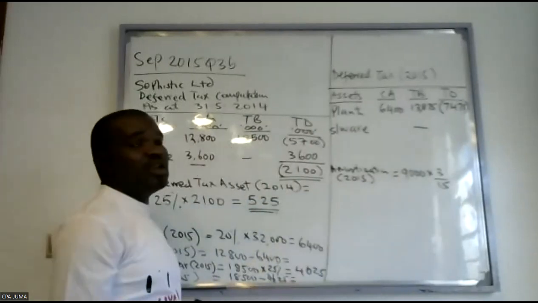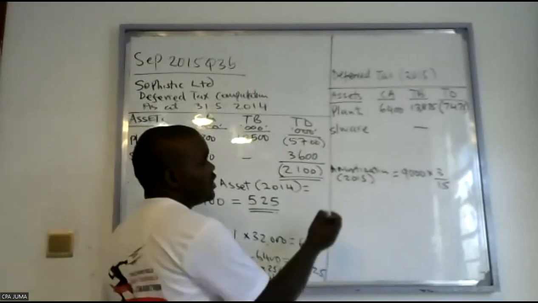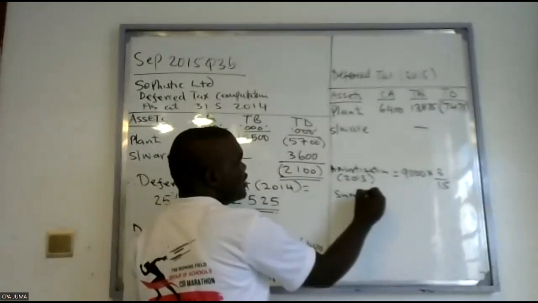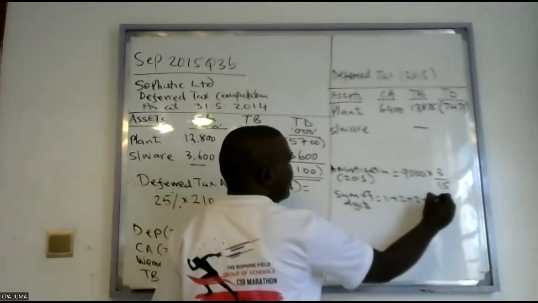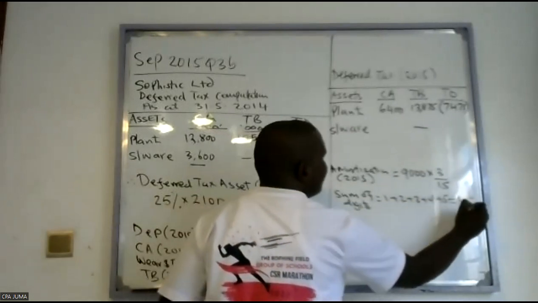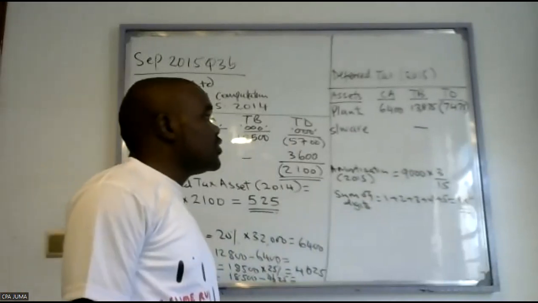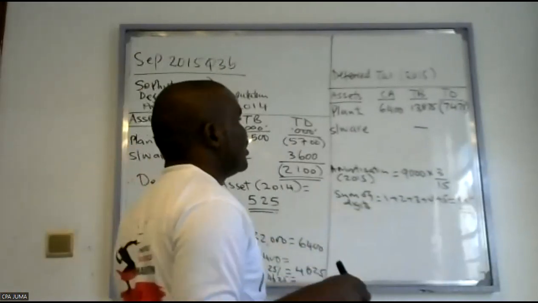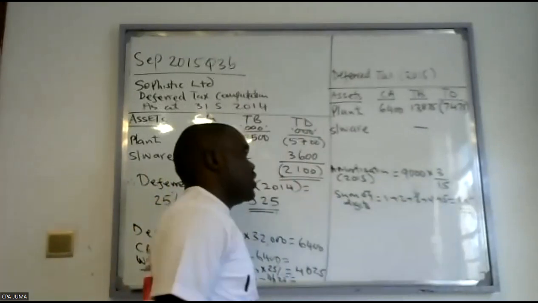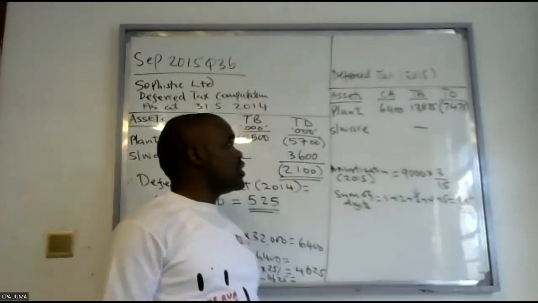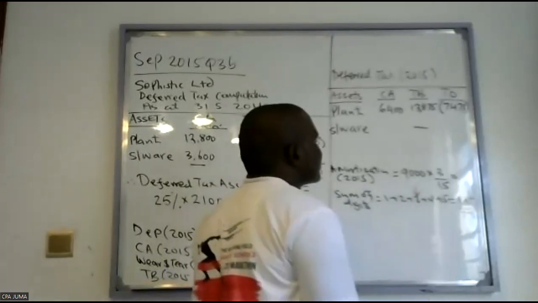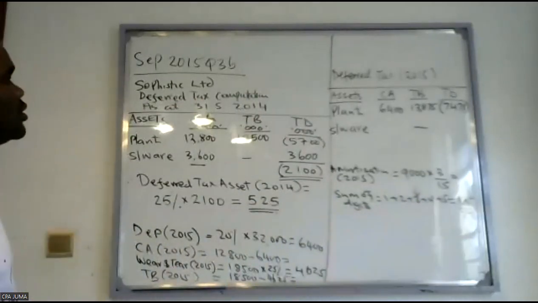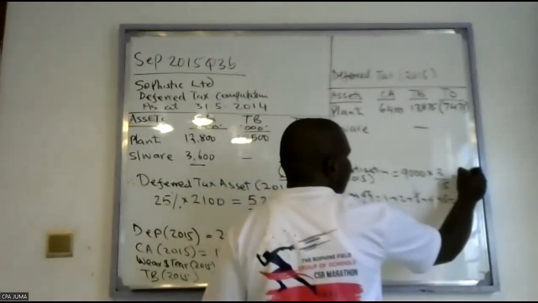The useful life was 5 years, so the sum of digits was year 1 plus year 2 plus year 3 plus year 4 plus year 5, which gave us 15. Amortization started in 2012, and we are in 2015, so that falls in year 3. So we took 3/15. We got 1,800. So this one came to 18.